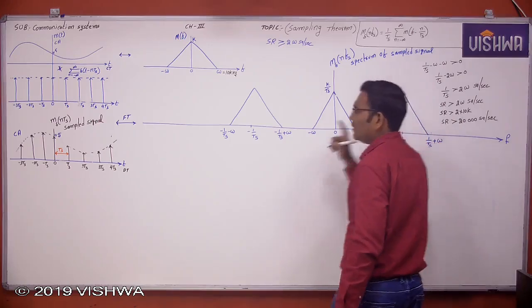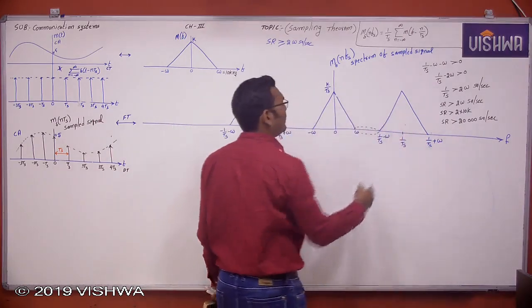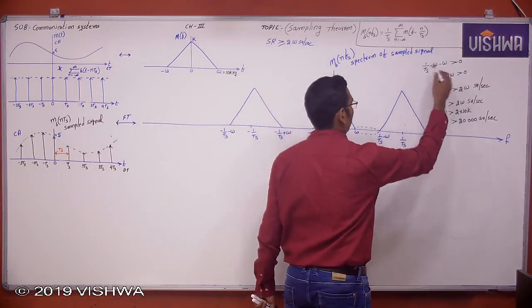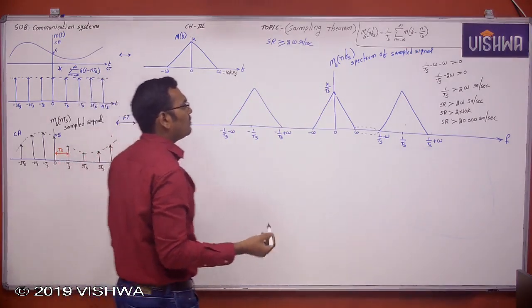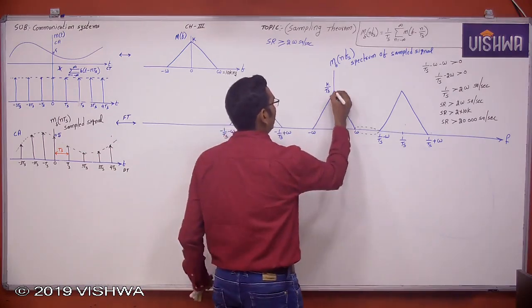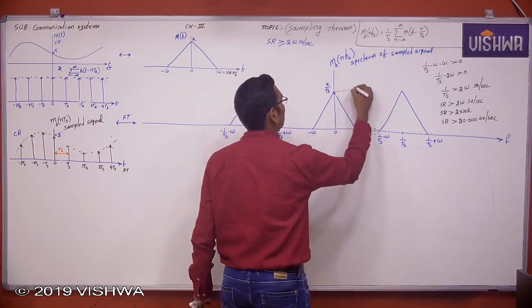If you are transmitting more than 20,000 samples per second, your spectrum will appear like this, with a spectral gap or guard band of this much. Now what is the advantage? The advantage is that reconstruction is possible with the help of a practical low pass filter. This is your low frequency information signal.